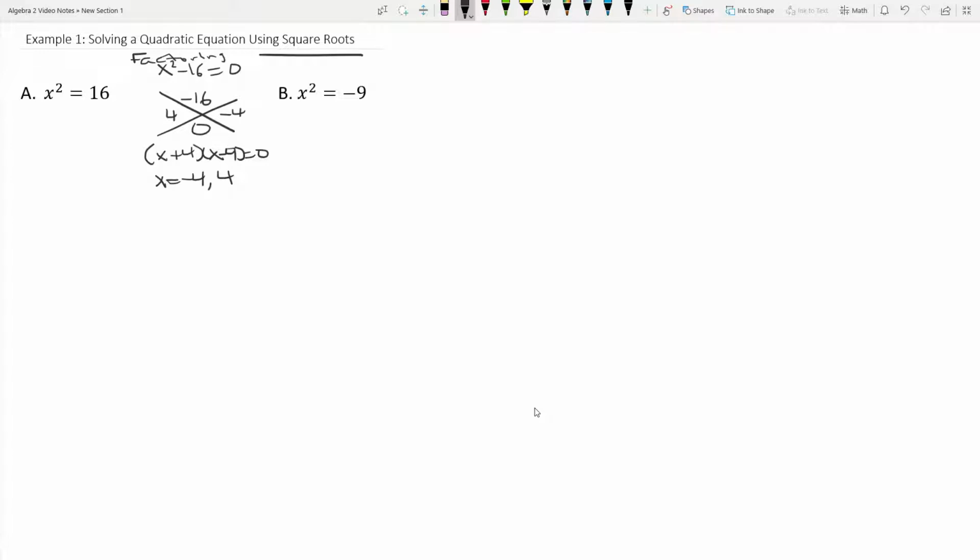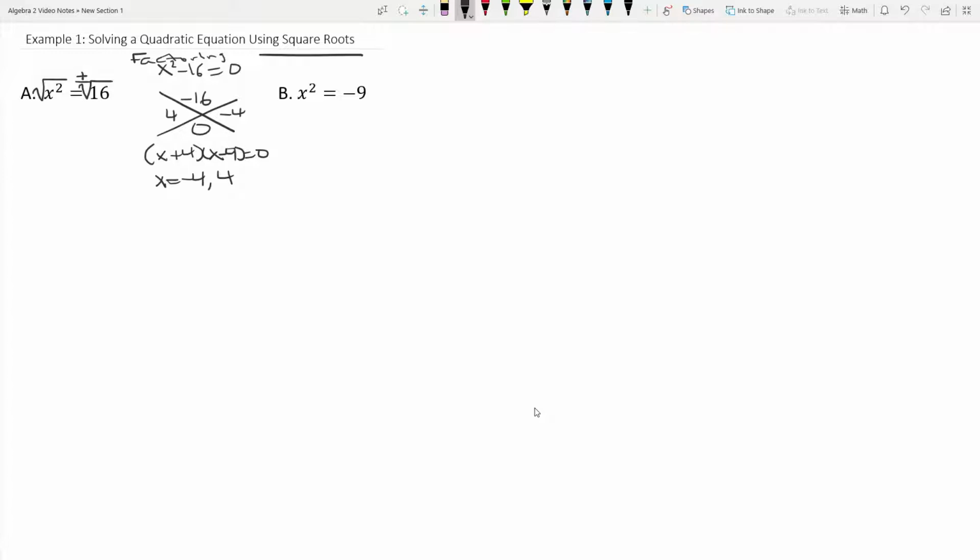Now, if we want to solve it with square roots, we have x squared by itself. We can take the square root of both sides to get rid of the squared, because square root and square are opposite operations. Whatever we do on one side, we have to do on the other side. However, every time you take a square root, you need to include a plus or minus in front of it, because if you square a negative number, you can also get a positive number.